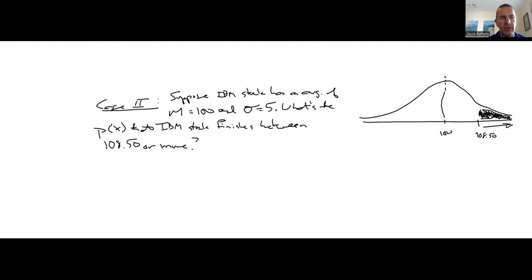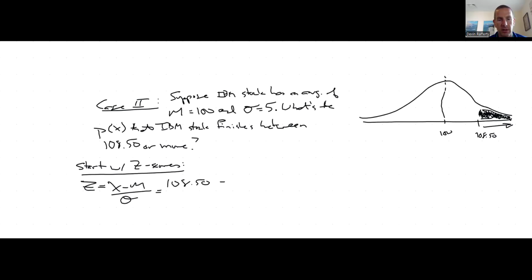The way we do that, as always, start with the z-scores. So z equals x minus mu over sigma. X is 108.50 minus mu, mu is 100, divided by sigma, sigma is 5.